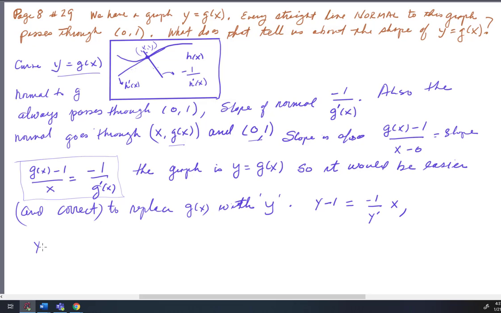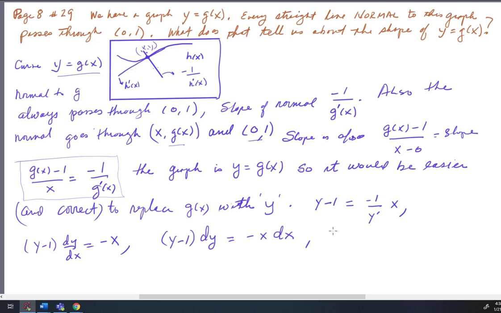Multiplying both sides by y prime, this would be y minus 1 times dy/dx is equal to negative x, or y minus 1 dy is equal to negative x dx.